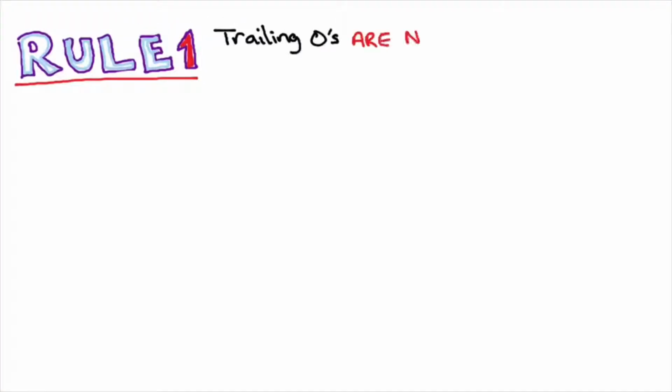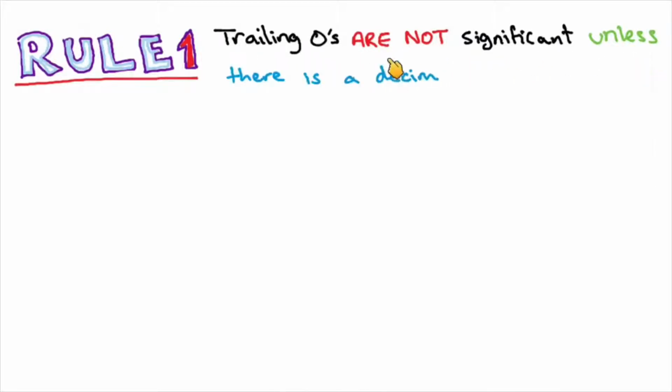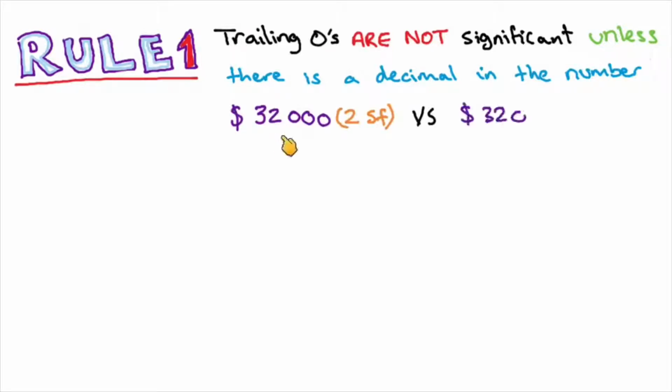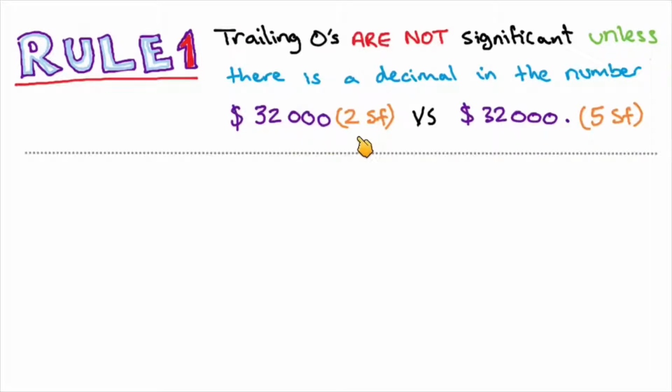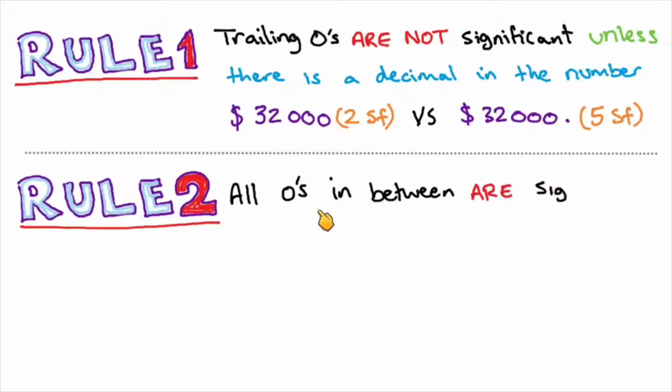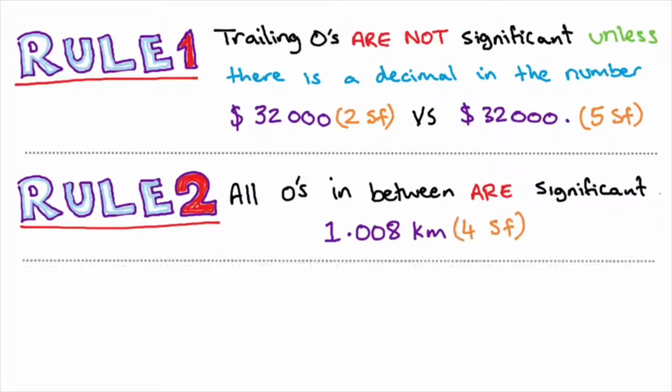Okay, so let's recap. Rule number 1, trailing zeros are not significant unless there is a decimal in the number. An example would be 32,000 is only 2 significant figures, whereas 32,000 with a decimal at the end has all 5 significant figures. Rule number 2, all zeros in between are significant. So for example, 1.008 kilometers is equal to 4 significant figures because the zeros in between count.